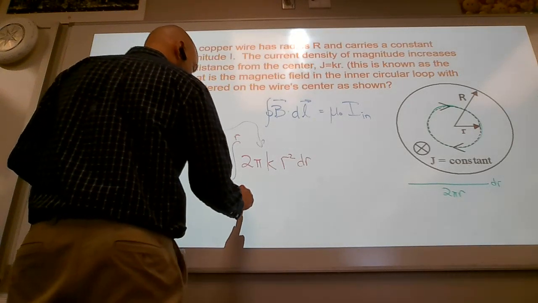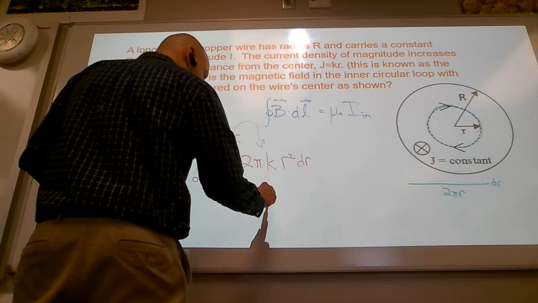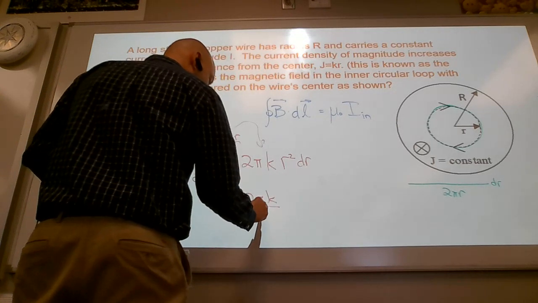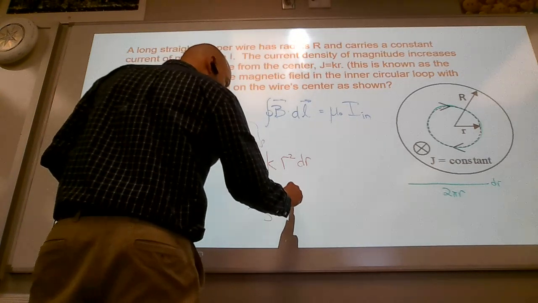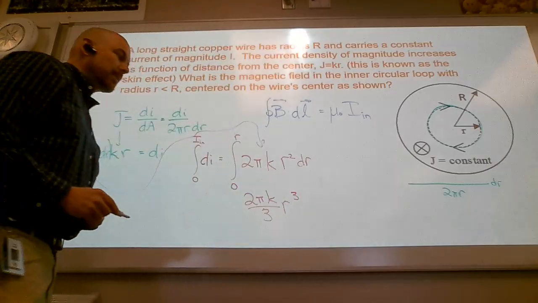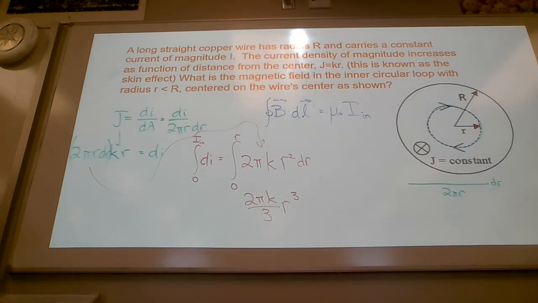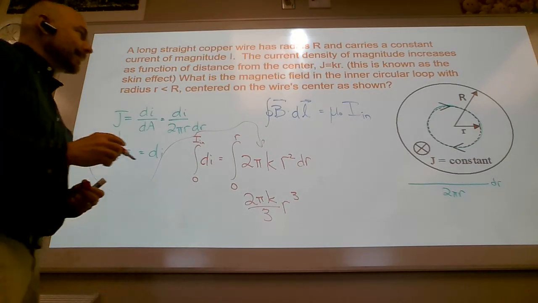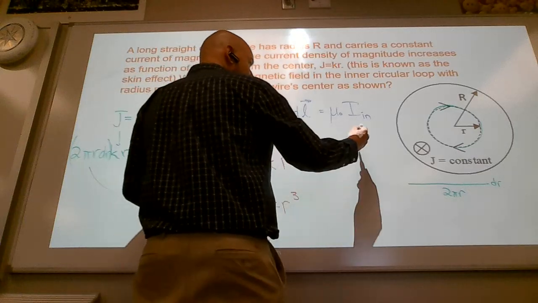So I get 2 pi k third r cubed. Got that? And then that is what I can plug in here.